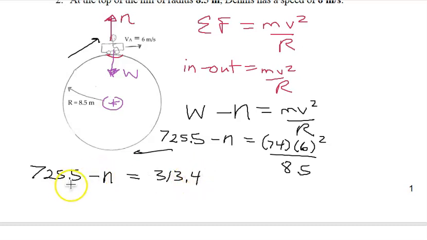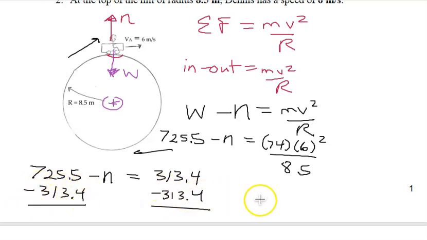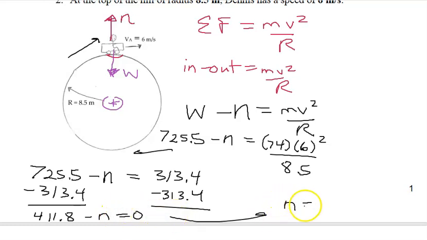We're looking for n. So I'm going to subtract 313.4 from both sides, and you get 411.8 minus n equals 0, which means n equals 411.8 newtons.